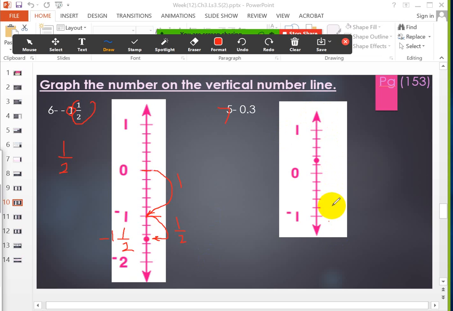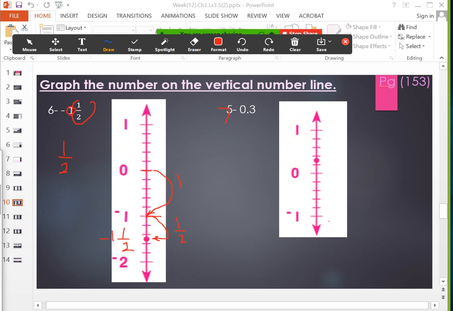Positive or negative? This is a positive number. That means it will be up. Between which two numbers? Between 0 and 1. Very good.